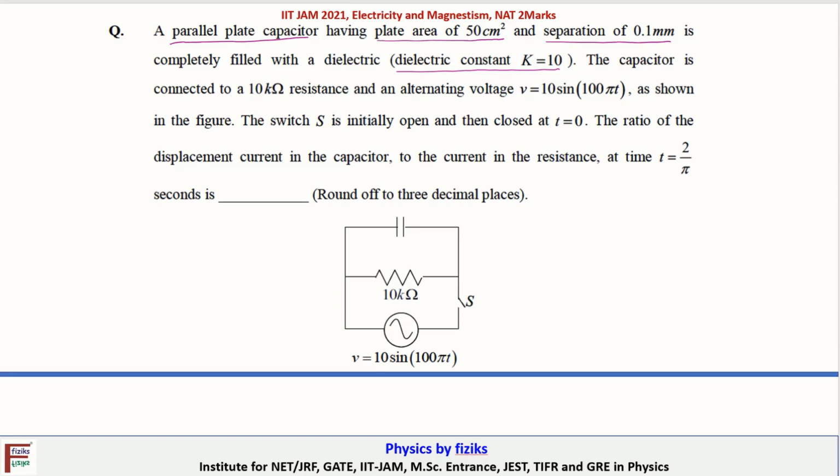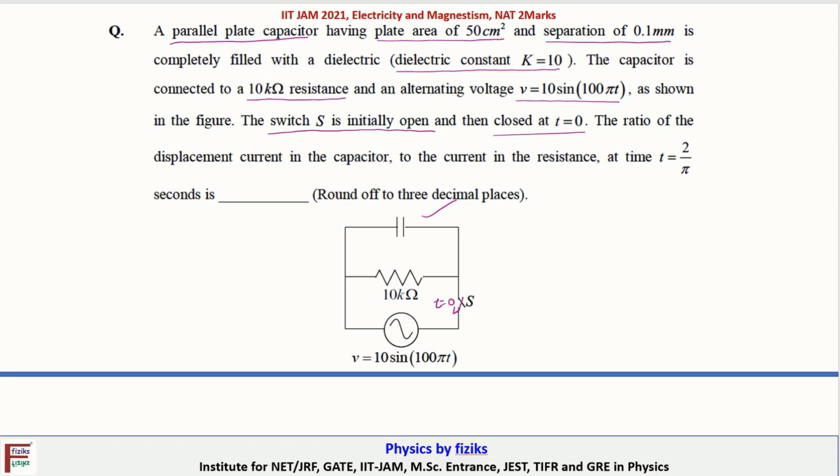The capacitor is connected to 10 kilo ohm resistance and an alternating voltage 10 sine 100 pi t, as shown in this figure, is applied. The switch S is initially open and it is closed at t equal to 0.